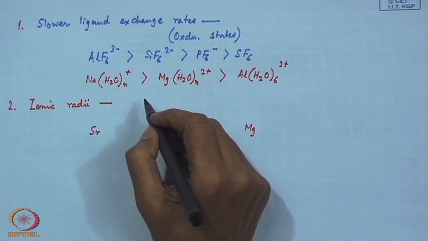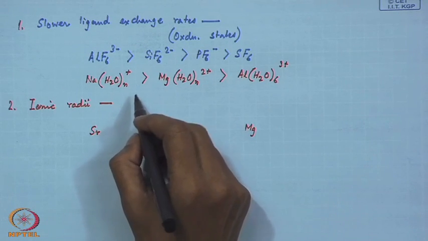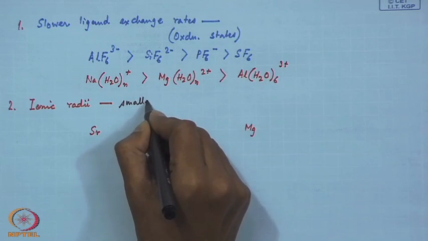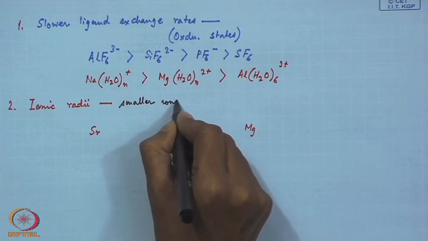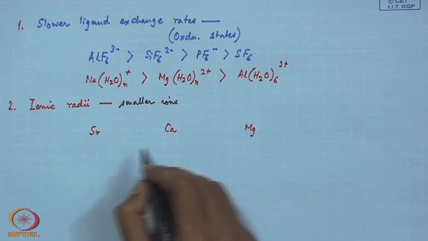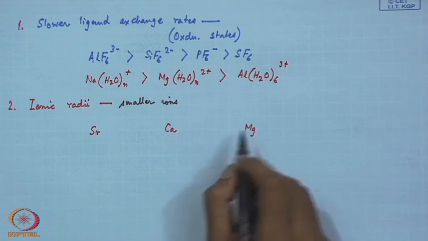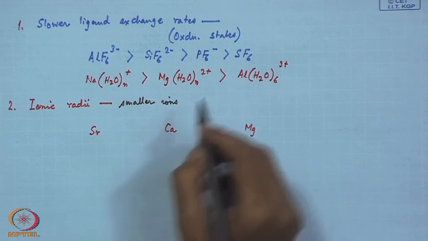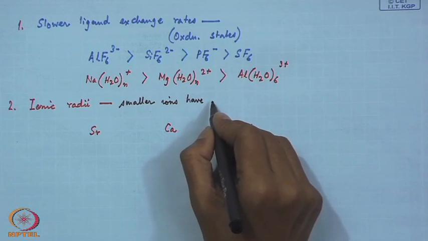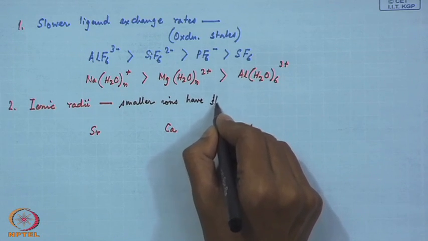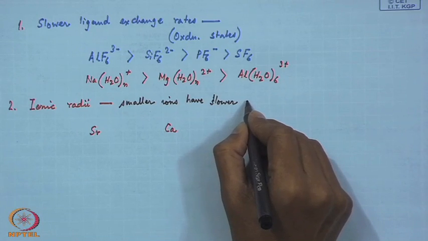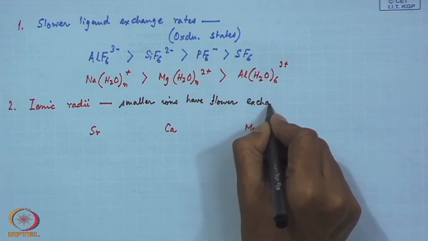If we consider the rate for this exchange reaction, those ions which are smaller, that means magnesium is smaller than calcium than strontium. So, smaller ions have slower exchange rates.